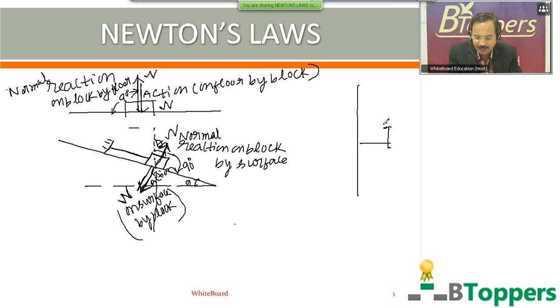We are just discussing how the normal reaction force acts on the block in different situations. Let us consider a block of mass m, which is pressed against a vertical wall by applying a horizontal force.